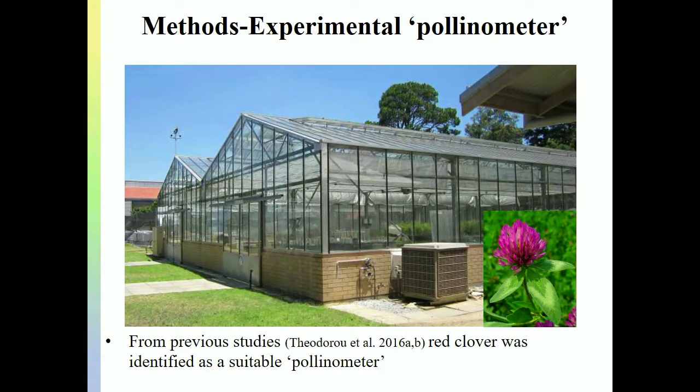Based on a previous study using different plant species, we found that red clover is a suitable one. We grew red clover in glasshouses from seeds, and just before flowering, we marked some flowers, and then we put them in the same sites where we conducted our biodiversity assessment, and at the same time, of course.